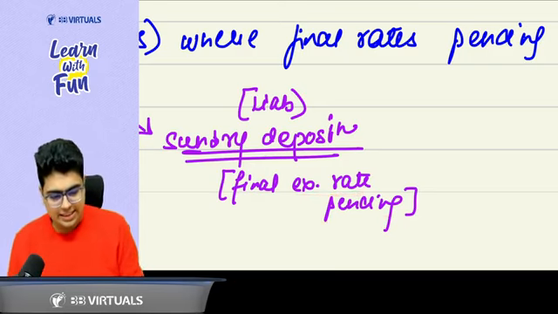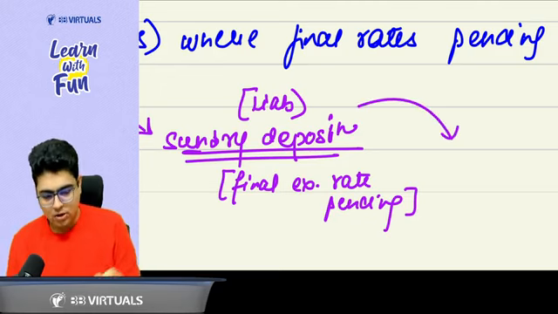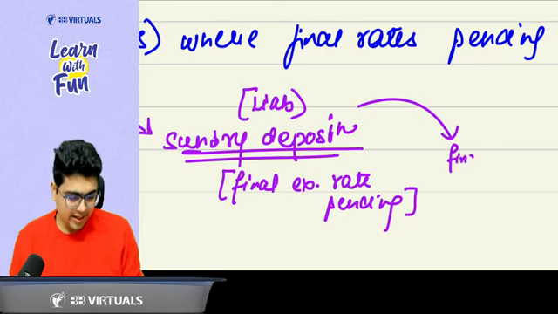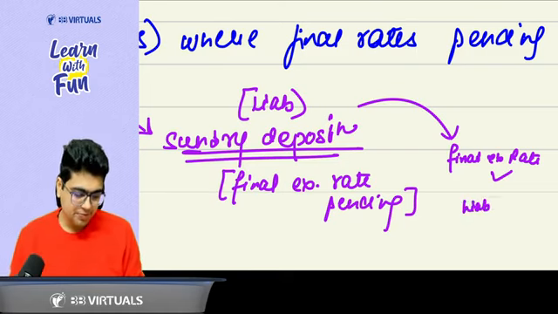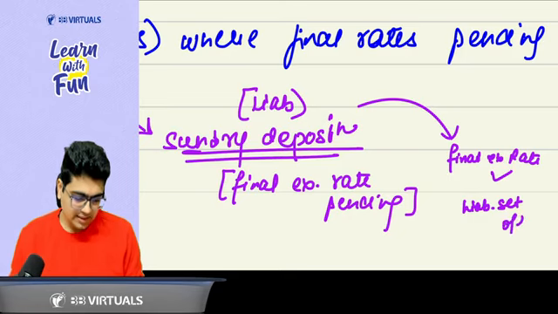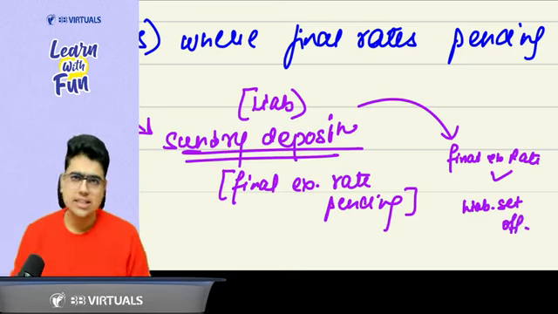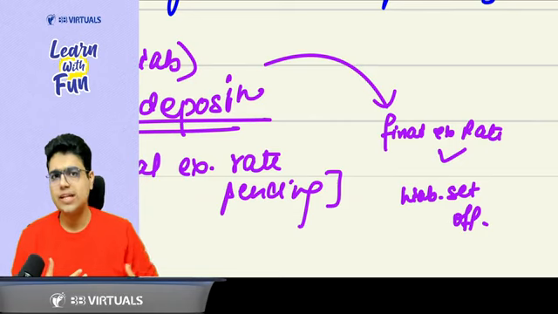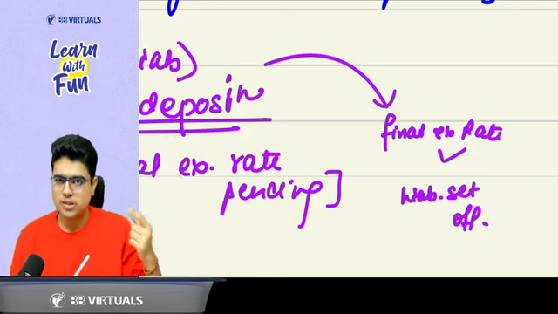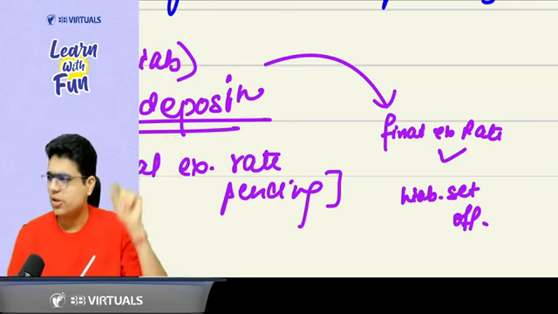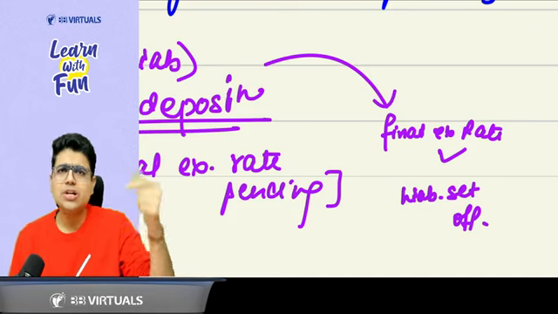When will the final exchange rate come? Let's say in the future the final exchange rate comes. When the final exchange rate comes, this liability will be set off, because when you get to know the final exchange rate, accordingly you can calculate how much more money you need from the importer, and out of this maybe how much money you are required to return.